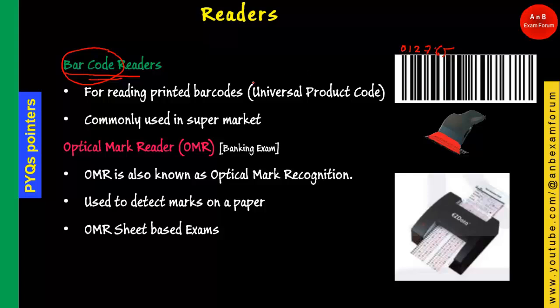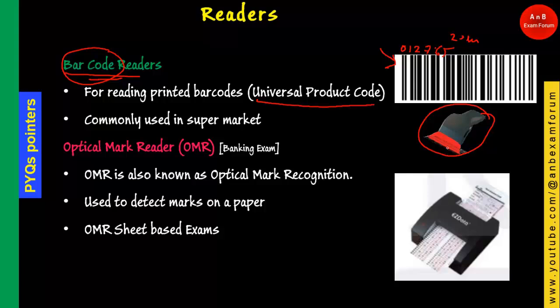The printed barcode generally represents the universal product code. The universal product code is embedded in the barcode, and with the help of a barcode reader you read this number instead of typing. Suppose it is a 20-digit number. Instead of manually typing, you read it through the barcode reader.